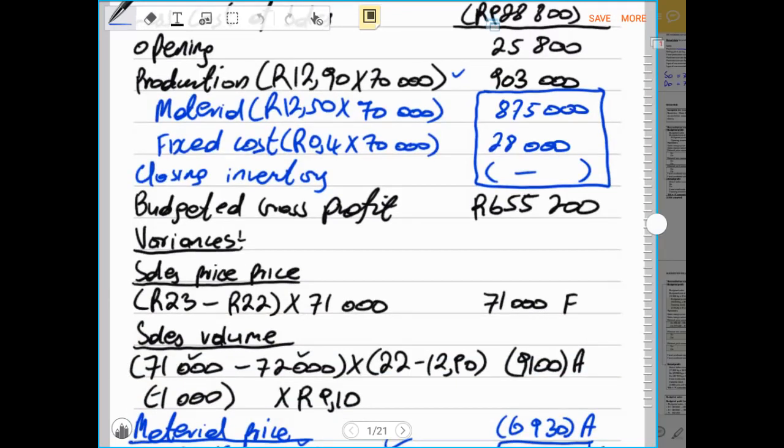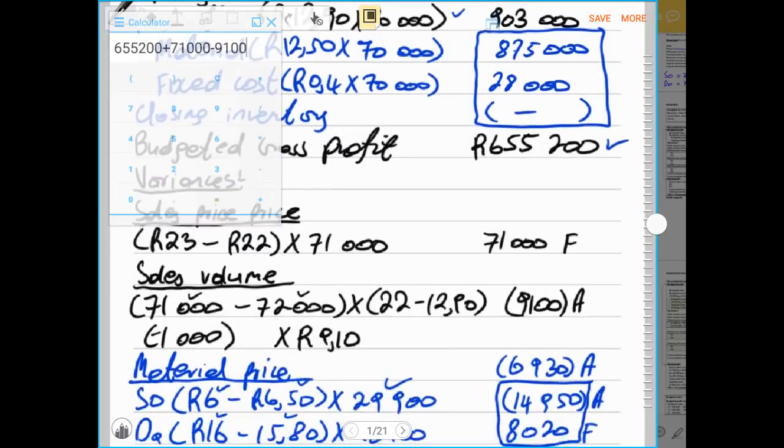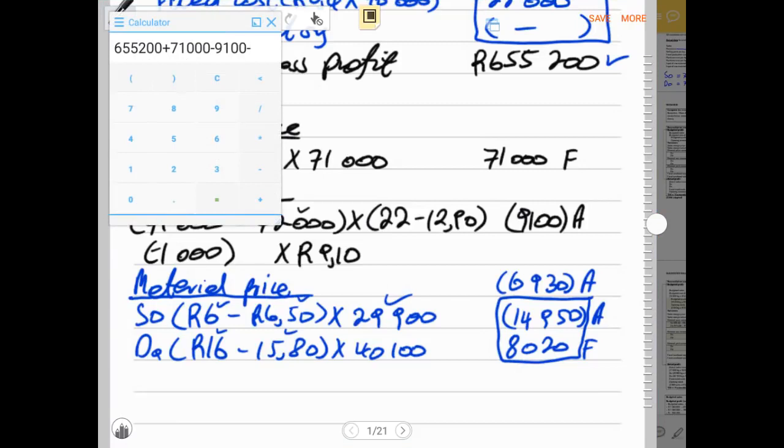In calculating my actual profit, I will start with my budgeted gross profit, which was 655,200. Therefore I will say 655,200 plus 71,000, minus 9,100, which was unfavorable, minus 6,930.